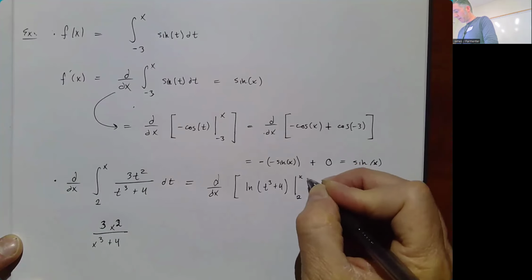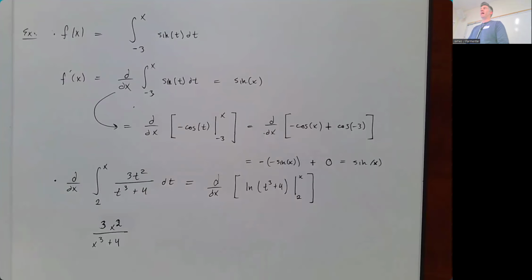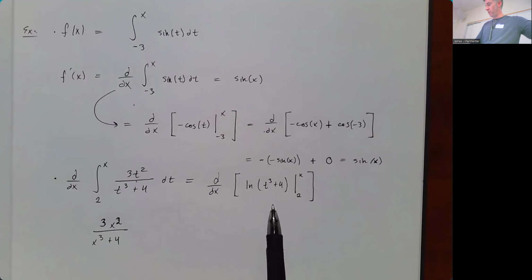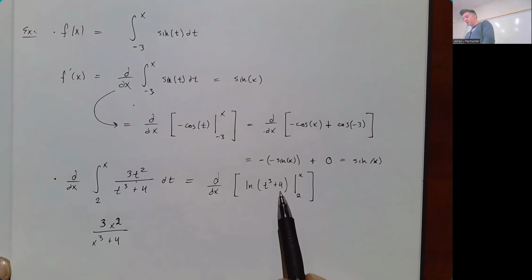Let's check that. If you took the derivative of the natural log of t cubed plus 4, you would get 1 over your stuff, so 1 over t cubed plus 4. And then what do I have to multiply by? Anybody? I think we're good to go. So the derivative of the natural log of t cubed plus 4 is equal to that.